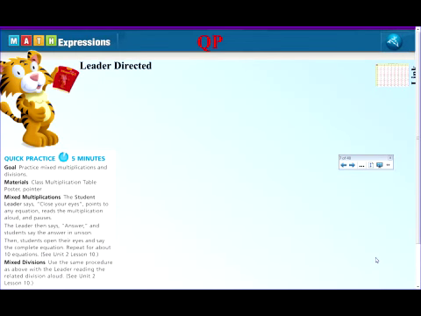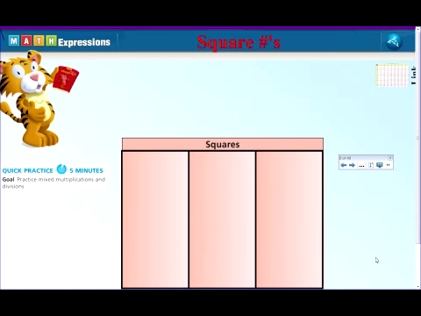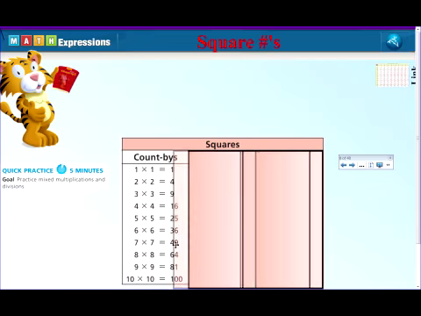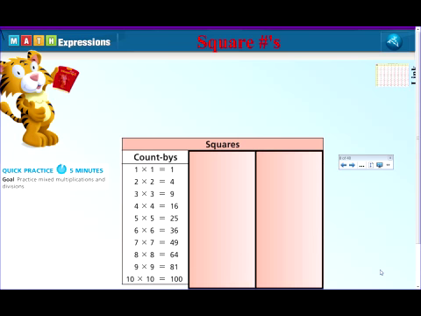And let's make sure you understand that one of the things you should be studying is the square numbers. So here are the squares. 1 times 1 is, 2 times 2 is, 3 times 3 is, 4 times 4 is, 5 times 5 is, 6 times 6 is, 7 times 7 is, 8 times 8 is, 9 times 9 is, and 10 times 10 is.